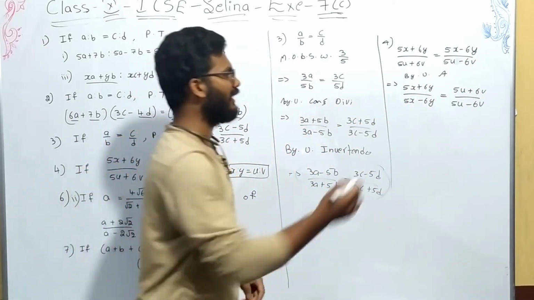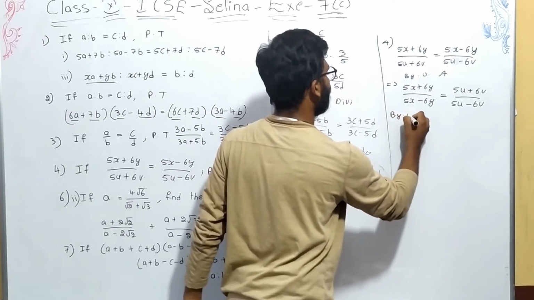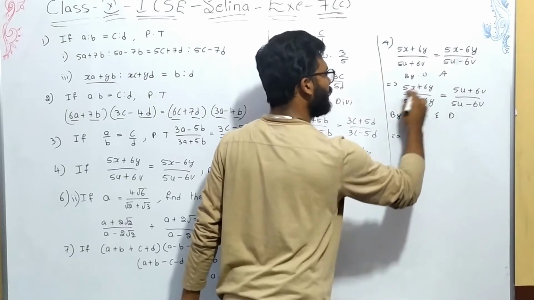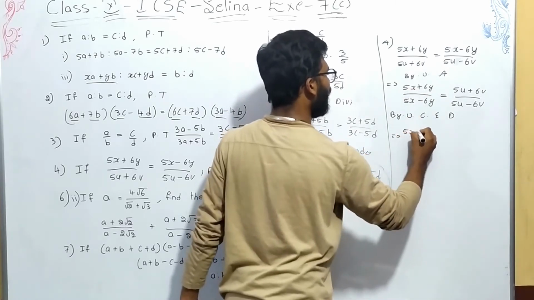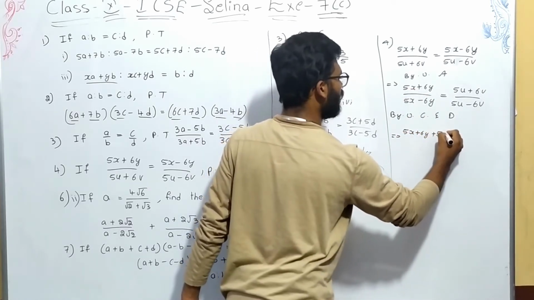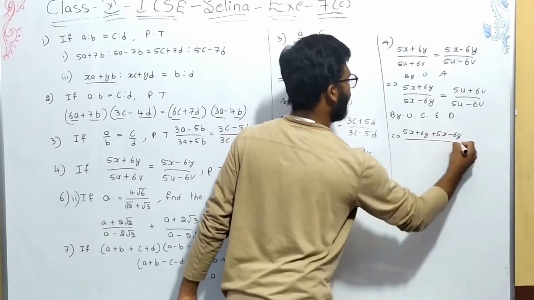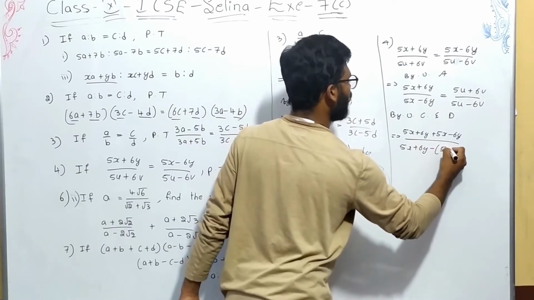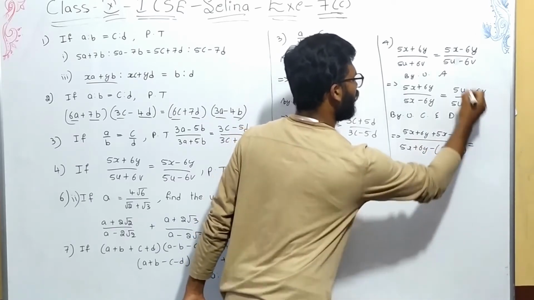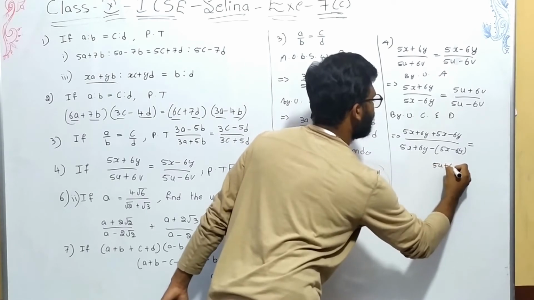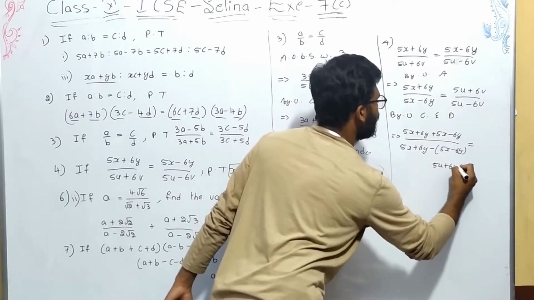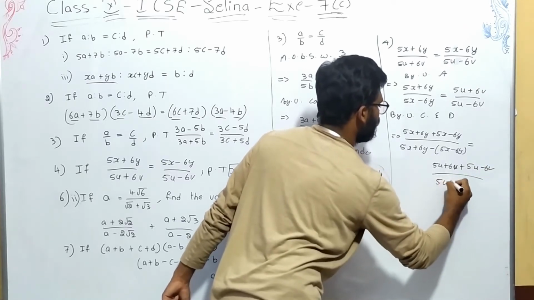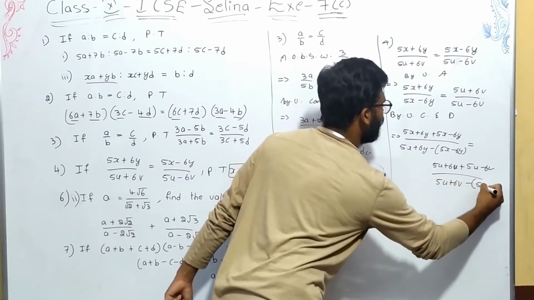Instead of writing directly, again we will use componendo and dividendo. If this is a and this is b, a plus b by a minus b, minus of minus, is equal to c plus d by c minus d, 5u minus 6v.